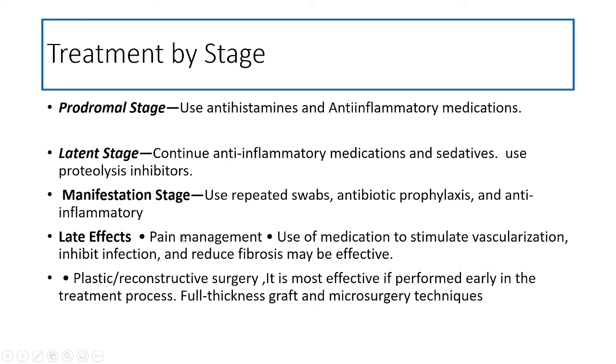Late effects require pain management and medication which will stimulate vascularization and decrease fibrosis. Eventually, the patient will need reconstructive and plastic surgeries if there is excessive fibrosis and deformity of the limb.